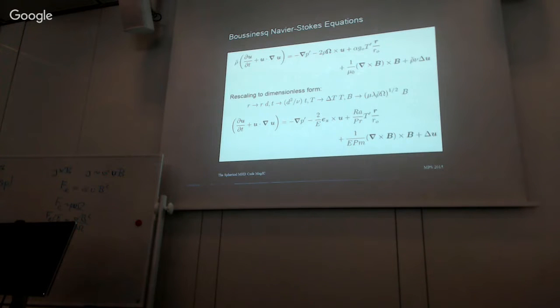Then the next step is, as Uli said, we go to non-dimensional quantities. As I already said, there are two different schools. Like Gary Glatzmaier would never do this, while other people always do that. There are basically two reasons for doing that. One reason is, as Uli said, you try to rescale your quantities such that all terms, without a prefactor, are of the same order of magnitude, or comparable.